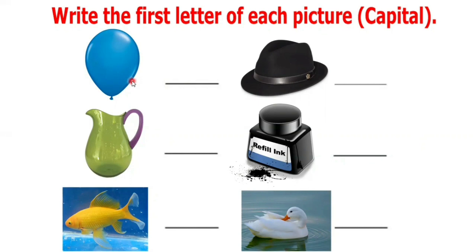B for balloon. What is the first sound of the balloon? Ba. Which letter is giving ba sound? B letter. So we have to write here B for balloon. We have to write the first letter of balloon, that is B. Let us write.